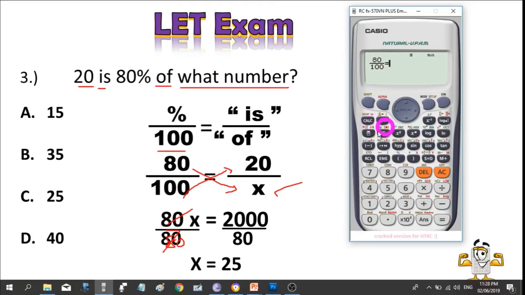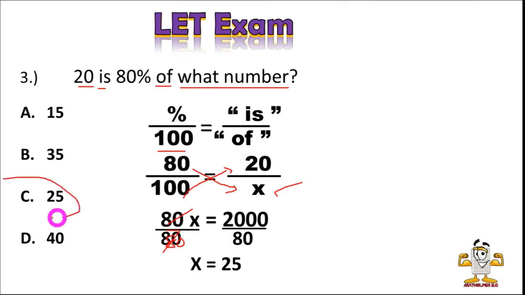So, 20 over alpha x. So, shift, solve, then equals. So, the correct answer is 25. So, the same lang po yung. So, the correct answer is letter C.